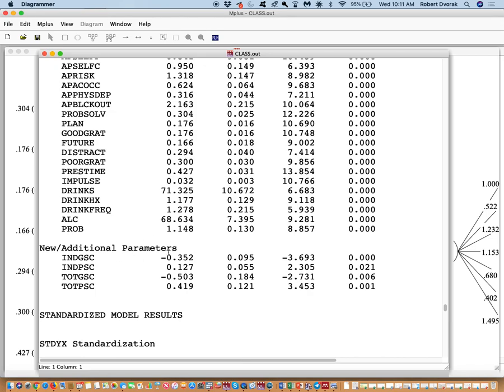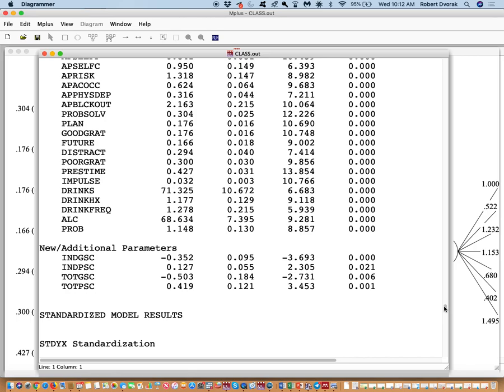From good self-control, we have minus 0.352 for an indirect effect and minus 0.503 for a direct effect. And for poor self-control, we have 0.127 for an indirect effect and 0.419 for a total effect. So remember those numbers: 352, 127, 503, 419.